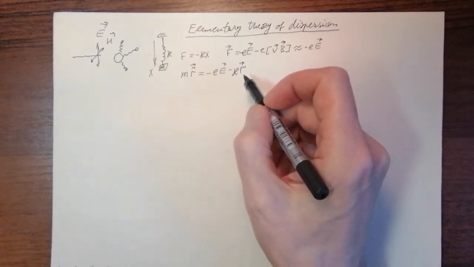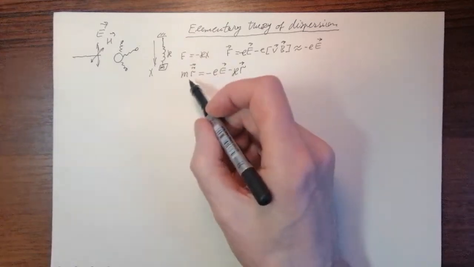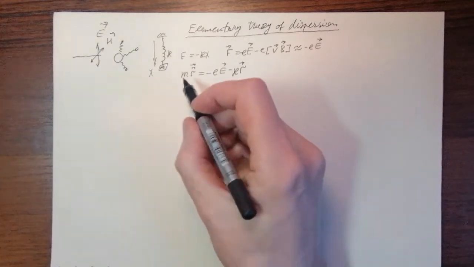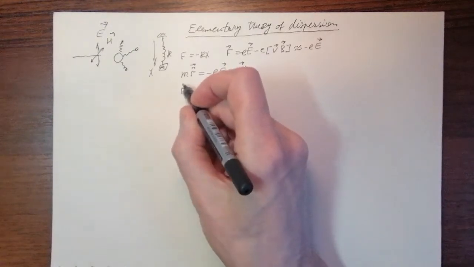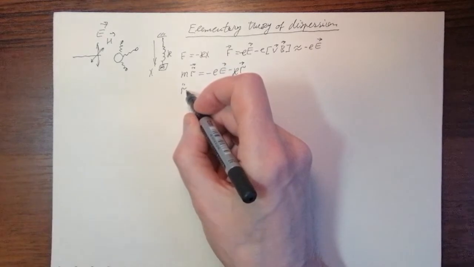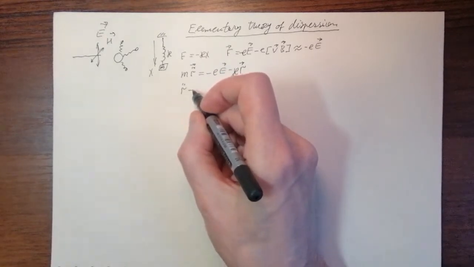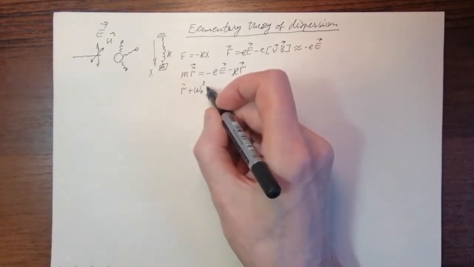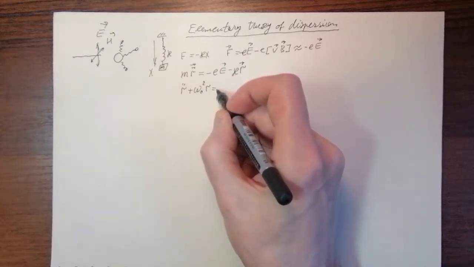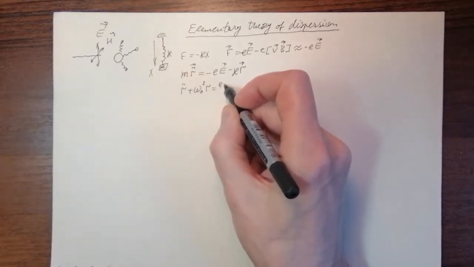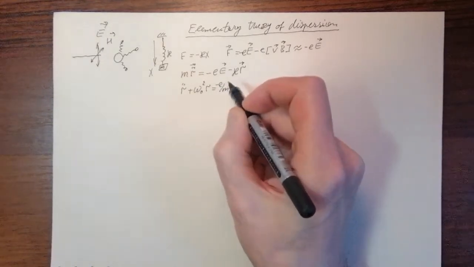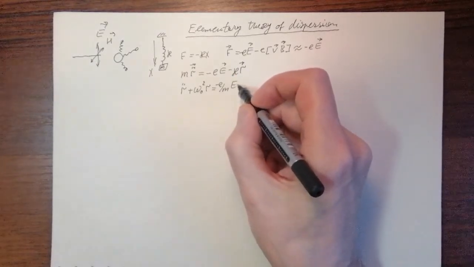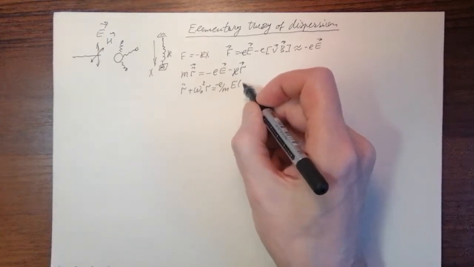If we divide by m and transfer this term to the left part, we can rewrite the equation as: the second derivative of r with respect to time, plus omega 0 squared r, is equal to minus e divided by m, times E of t.